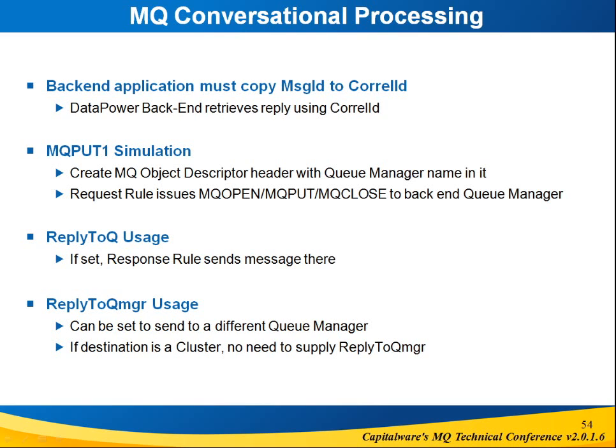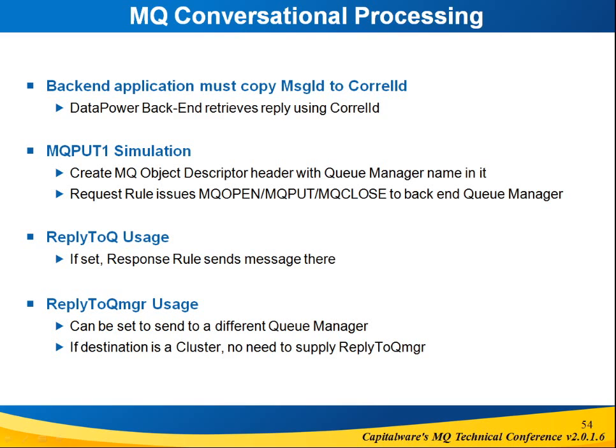That is to say, it expects that the back-end application will copy the message ID from the incoming message that was put onto the request queue into the correlation ID of the message that gets put onto the reply queue, because the back-end handler within DataPower uses the correlation ID to retrieve the message coming back. That's how it knows which particular message is to be handled by this particular response rule in the same multi-protocol gateway, in the same policy that is part of that particular message flow, that particular conversation.